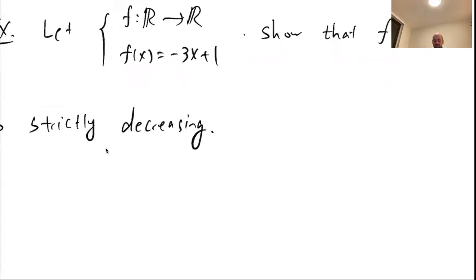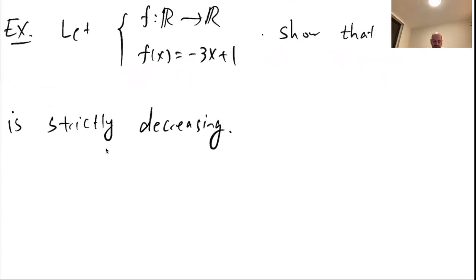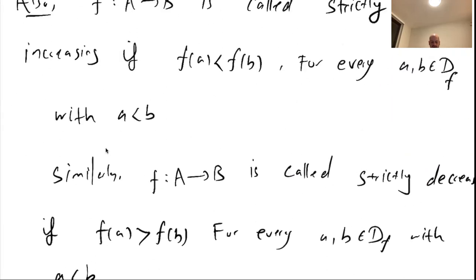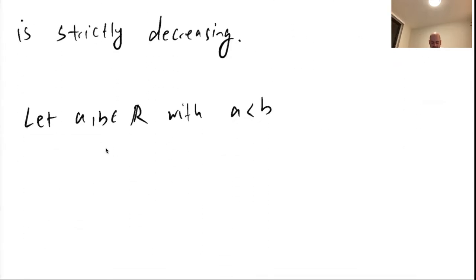How can I do a proof in general? So I can start with some a and b. So let a and b in R with a less than b, right? Strictly increasing, remember? a less than b. Then I need to show that f of a is less than f of b.